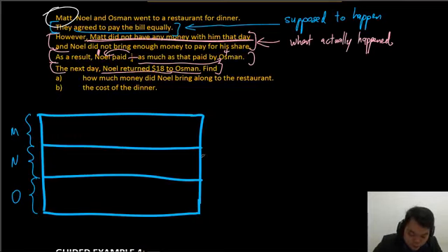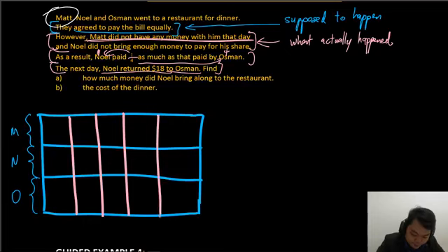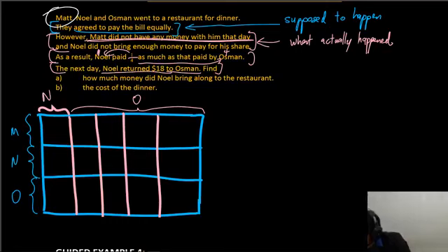Because this is the cost of the dinner that they all agreed to share equally, we can also cut it up into 5 bars and say that this is what Noel actually paid, and this is what Osman paid. Okay?